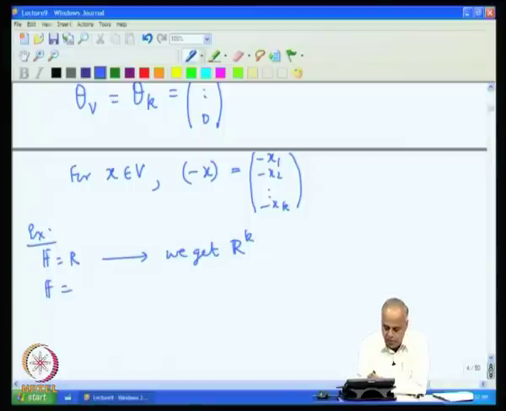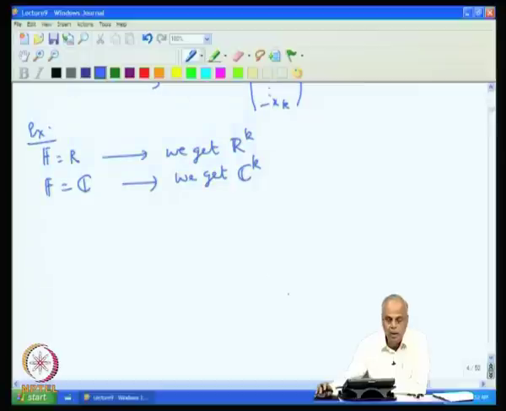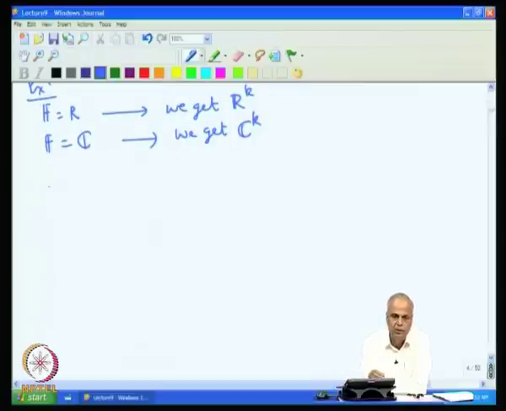When we take f equal to c, we get the vector space c k. Let us look at another typical example, which is a field which is different from all this. Let us take for example, f to be the binary field Z 2. What is this binary field Z 2?